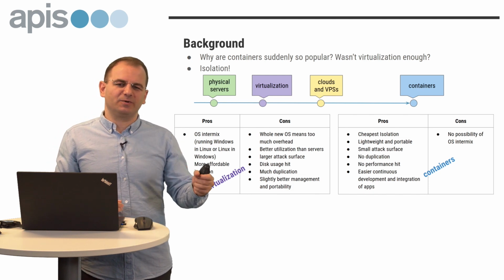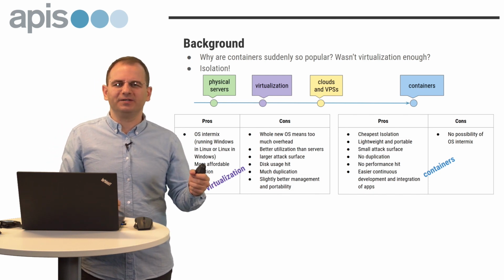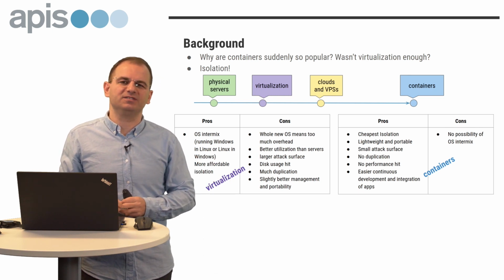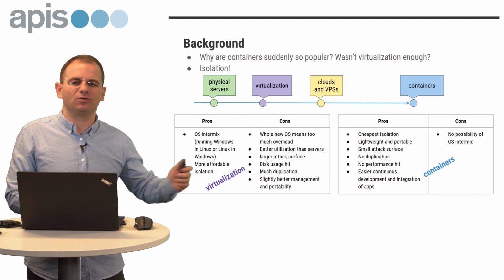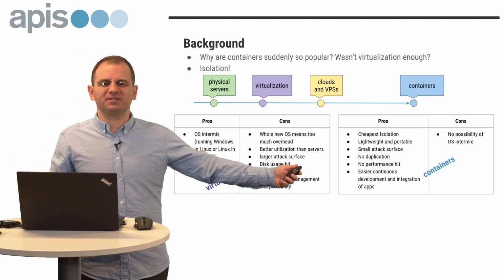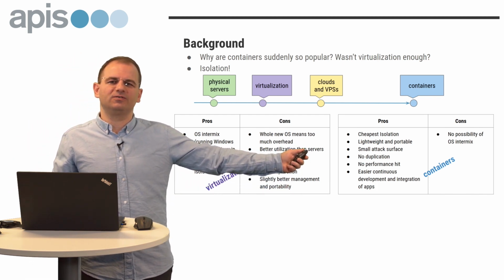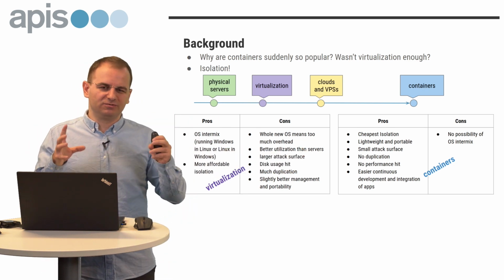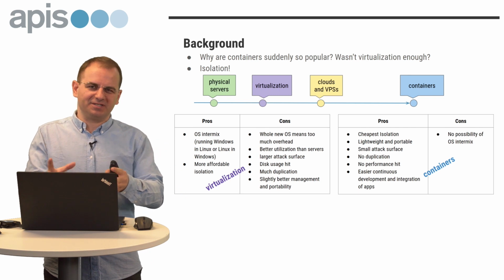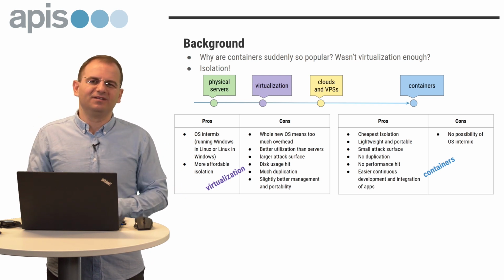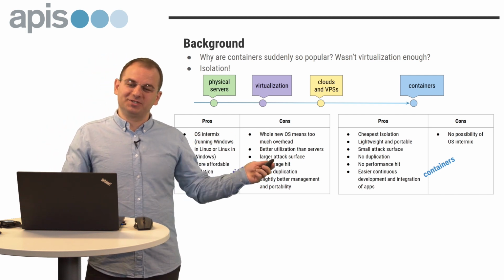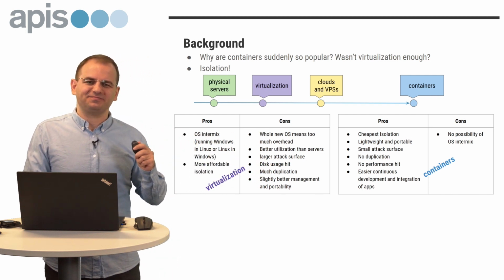And that's why containers now can run in seconds instead of minutes, which was the case in the virtual machines. So almost no performance hit, no duplication of operating systems, smaller attack surface, because you really do not have that operating system there. It's just a mask. We're going to see how that is achieved.